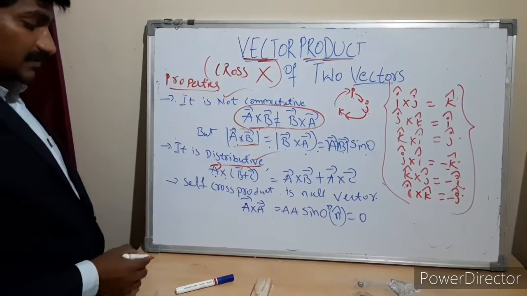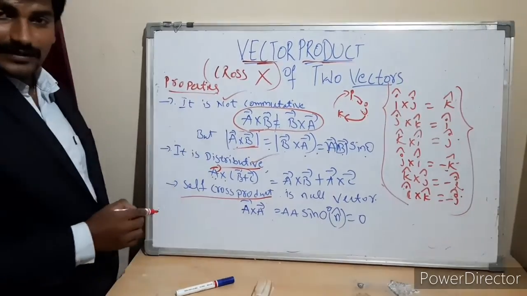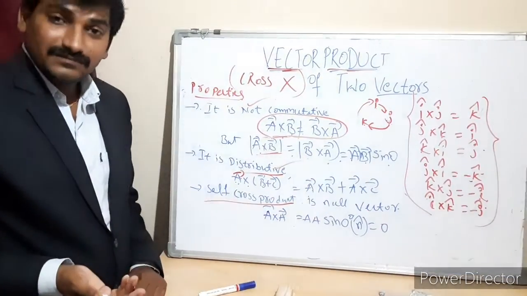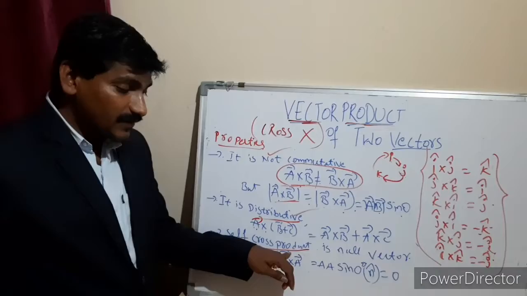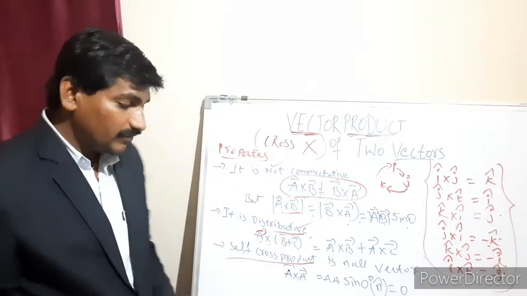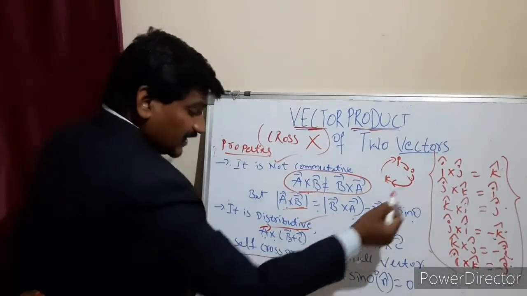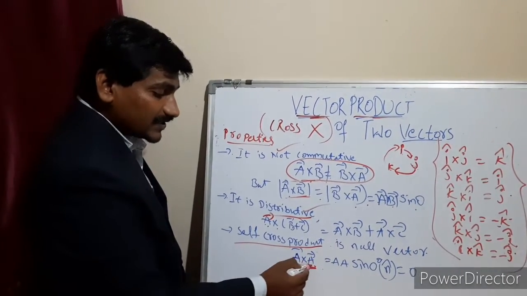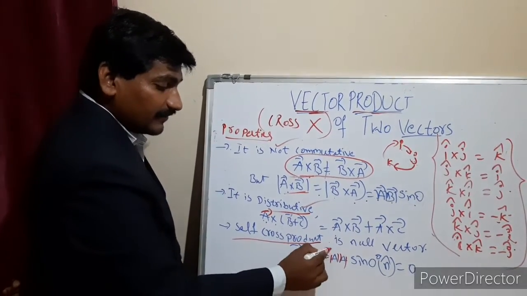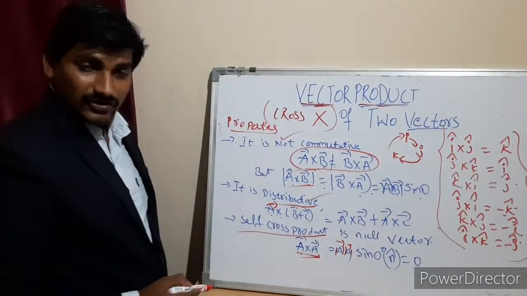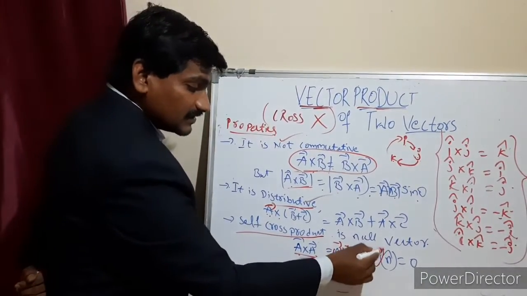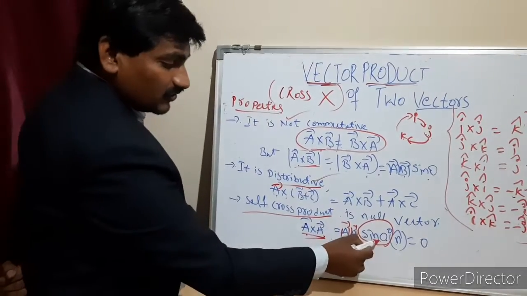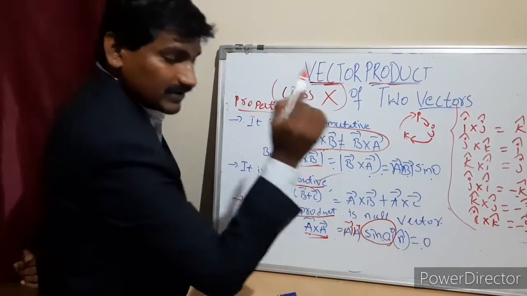Now in cross product there is also a self cross product, just as there is a self dot product. The self dot product gives the maximum result, but here the self cross product gives the null vector, because the vectors are in the same direction. a cross a is modulus of a into modulus of a into sine 0 degrees, n cap indicating the direction. Sine 0 value is 0, so this total product will become 0.